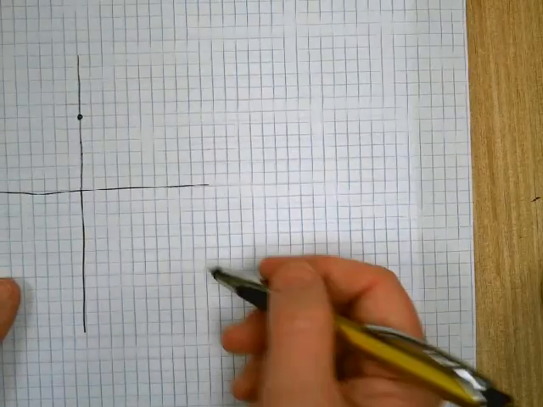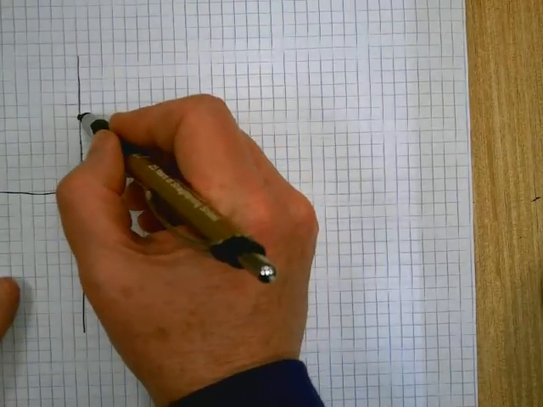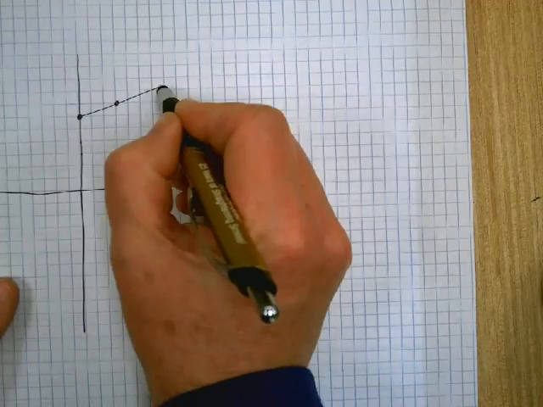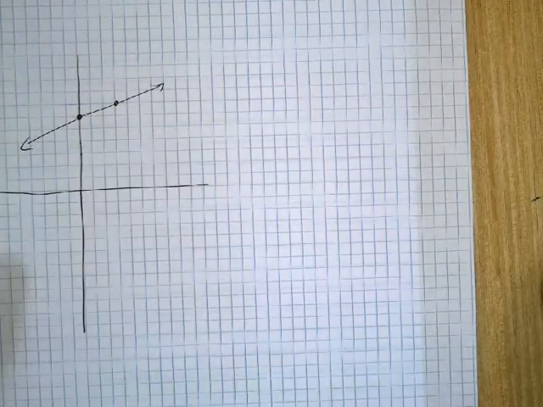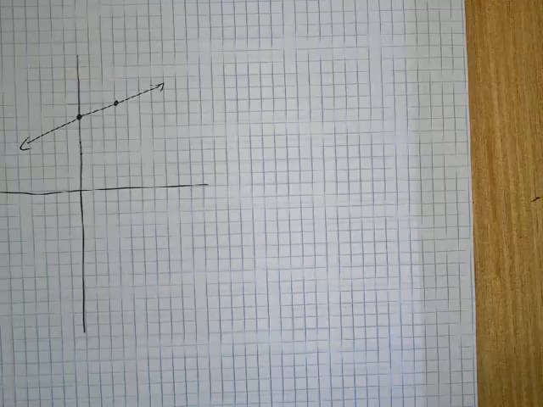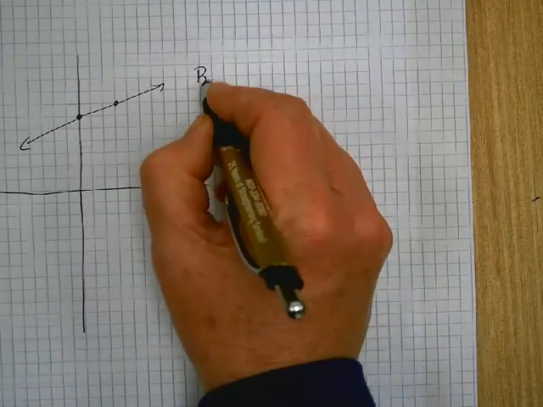And then apply your slope, which is 1/3. So it goes up 1 and over 3. And that would be what your graph would look like. And I believe that has an answer. Which one is that? That's answer choice B.